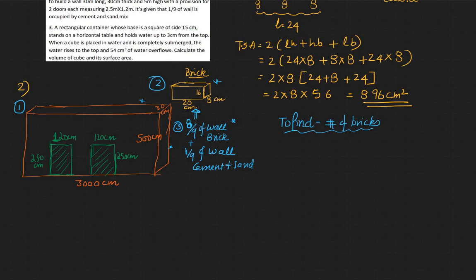So we know, the first thing is total number of bricks is equal to total volume of the bricks in the wall divided by volume of each brick, right?